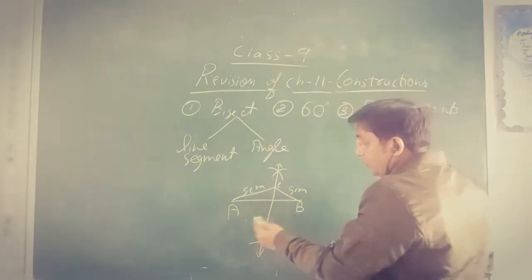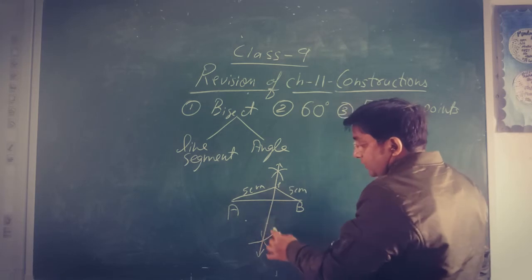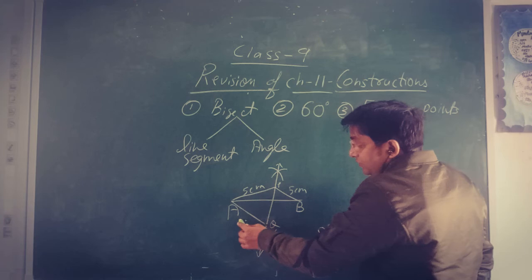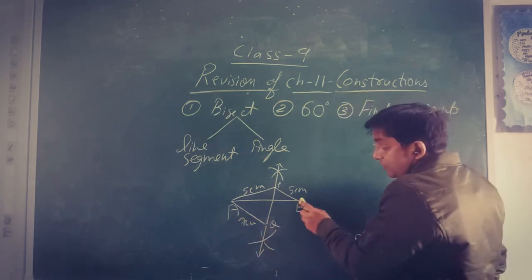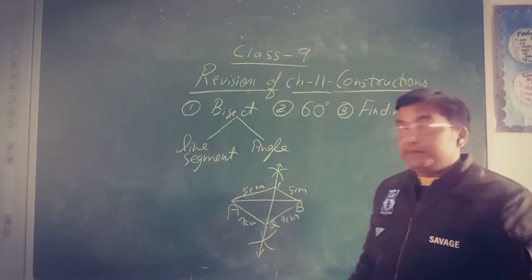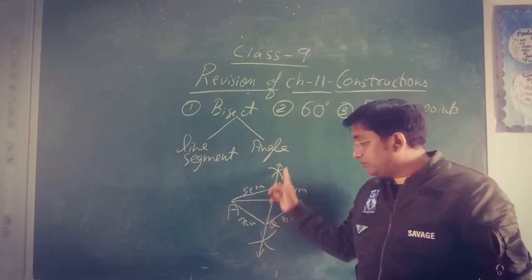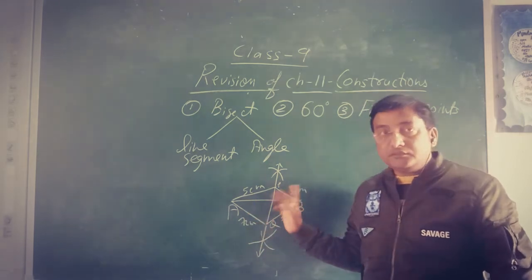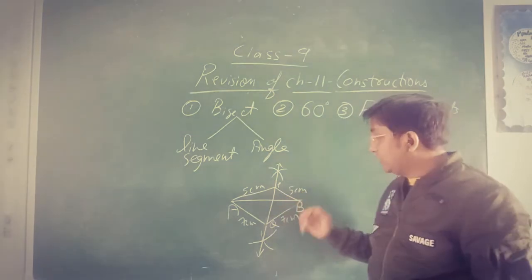Let us take one more point, Q. If Q is 7 cm from A, then Q will be 7 cm from B. So, every point on this bisector will be equidistant from the corner points. This is going to be very helpful when we do the actual construction.